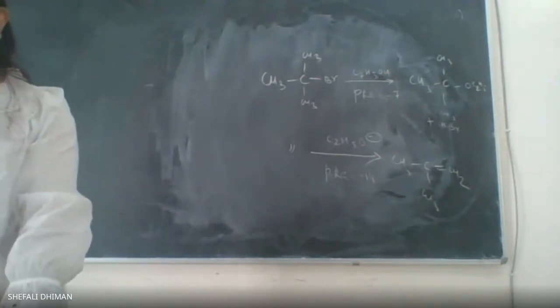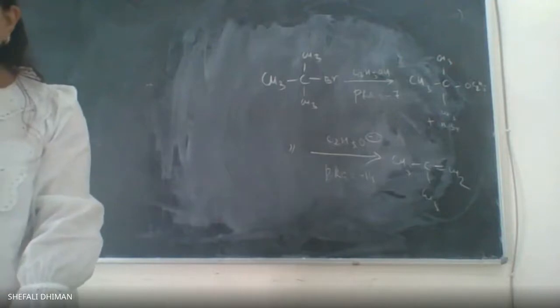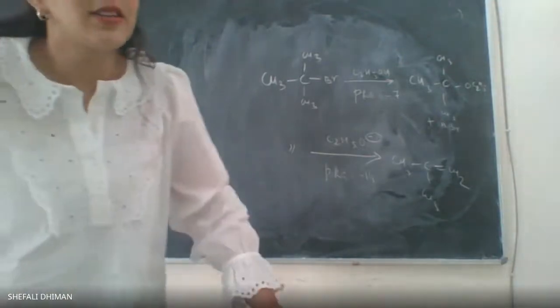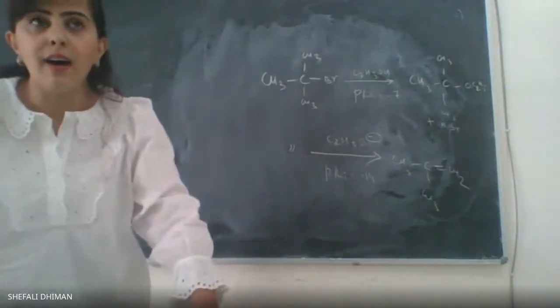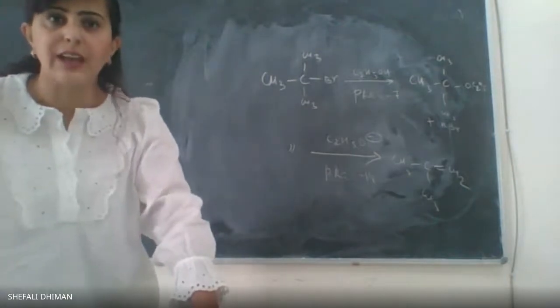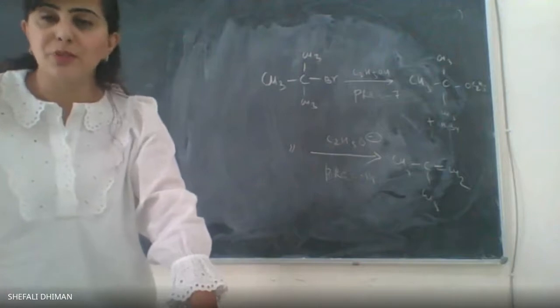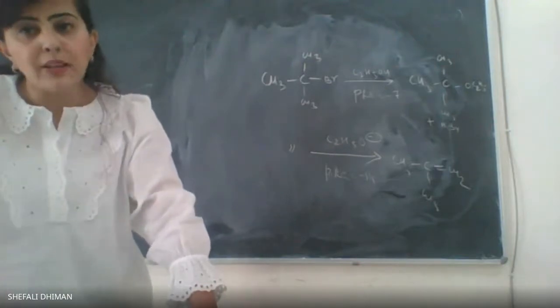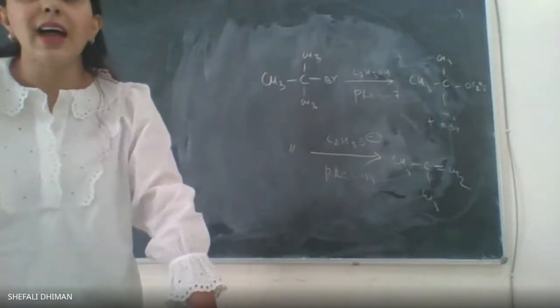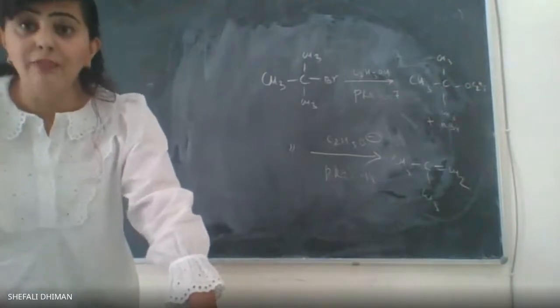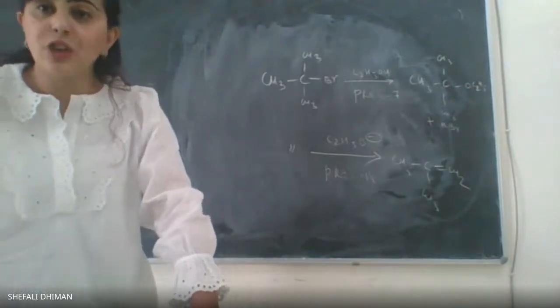Selectivity of elimination versus substitution can be explained on the basis of hard and soft electrophiles. You have learned the principle HSAB.